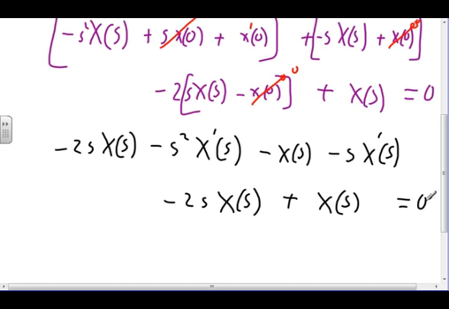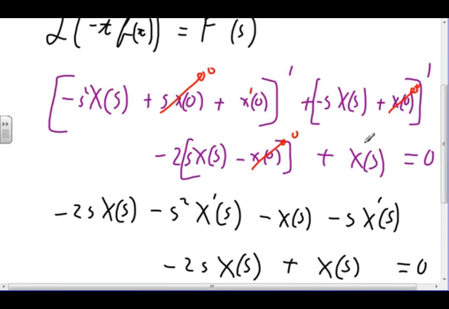The first term, isn't that no twice? This guy? No. I've got to take, this is minus s squared x of s. So I take the derivative of the first guy, s squared, times the function, minus the s squared guy times the derivative of the x of s guy. Okay?